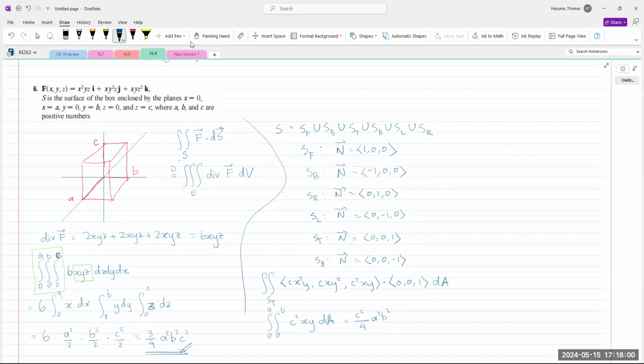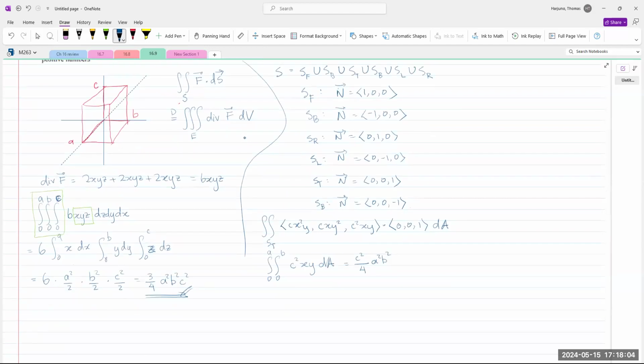Now you will see if you take the one at the bottom. So the double integral over S at the bottom. Notice that at that time z equals 0. That will be 0, 0, 0 dot 0, 0, negative 1 dA.